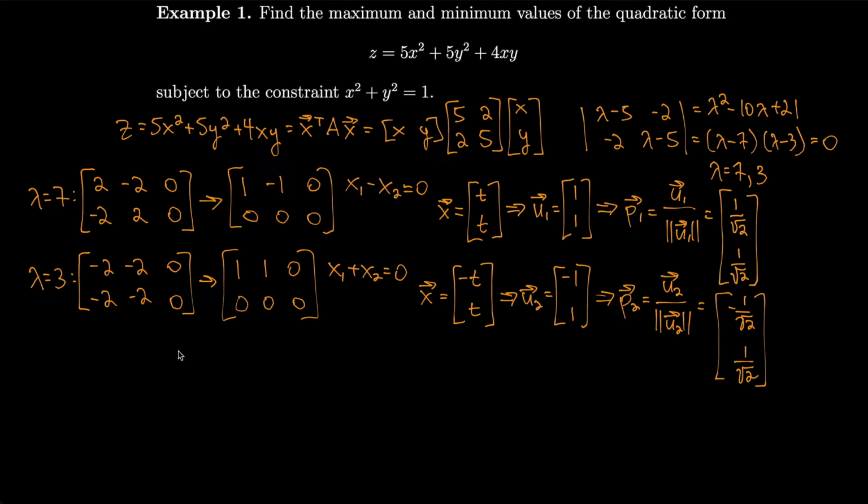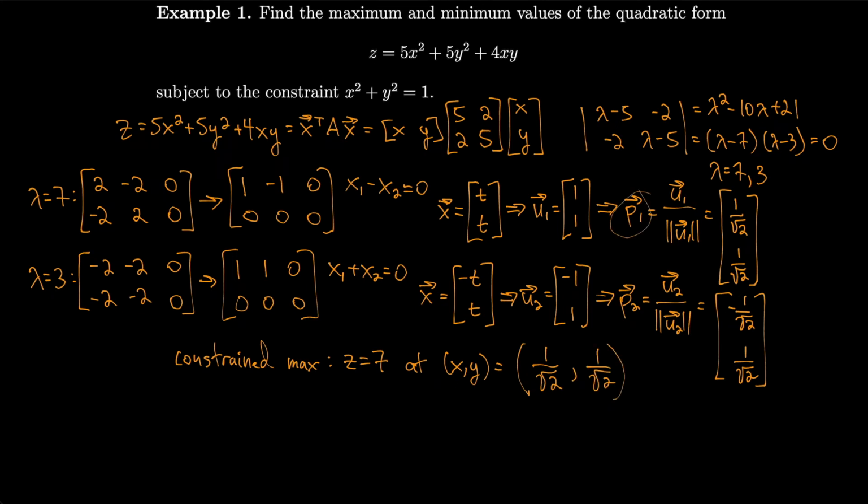So in summation, we have a constrained maximum z equals 7 for the eigenvalue lambda equals 7 at x, y equal to 1 over square root of 2, 1 over square root of 2 from p1.